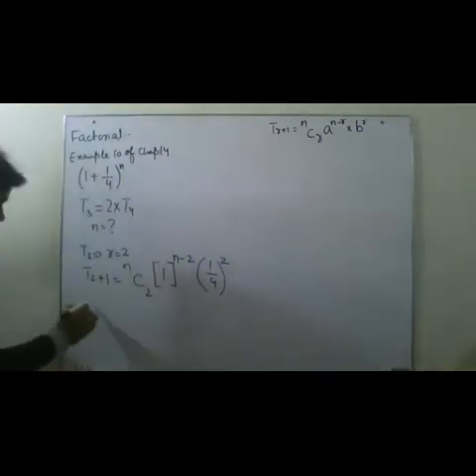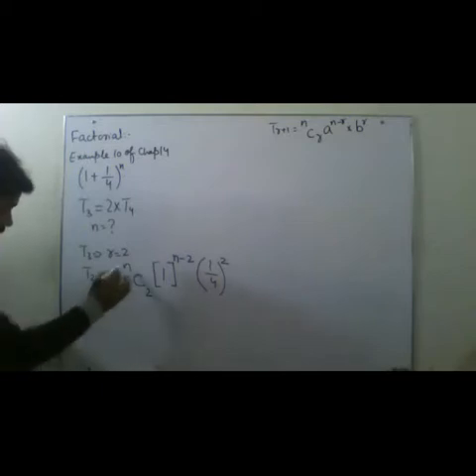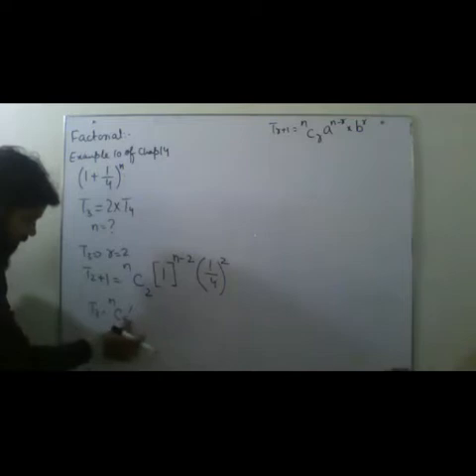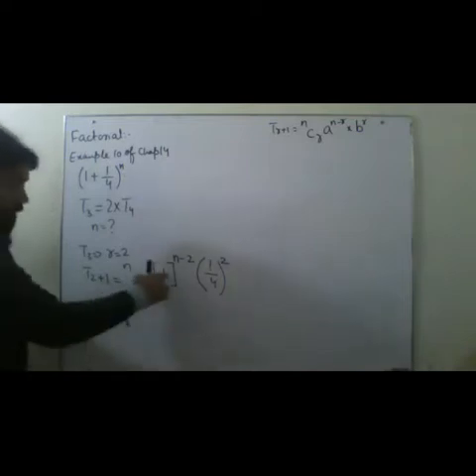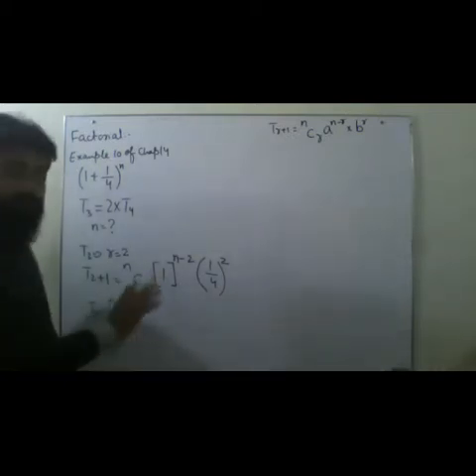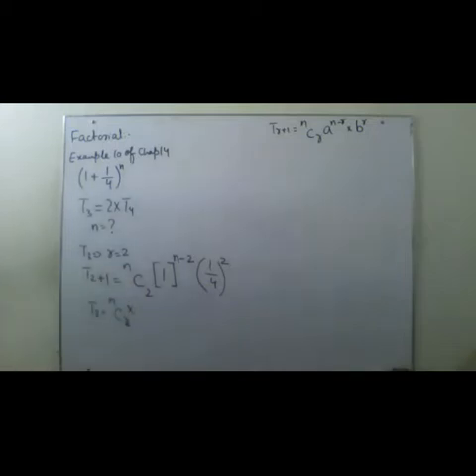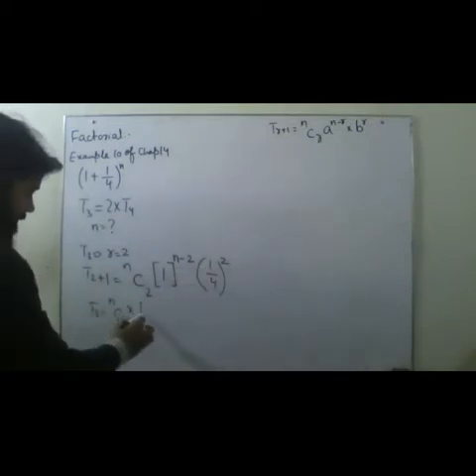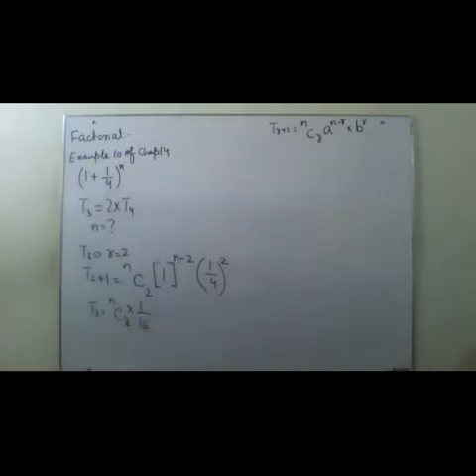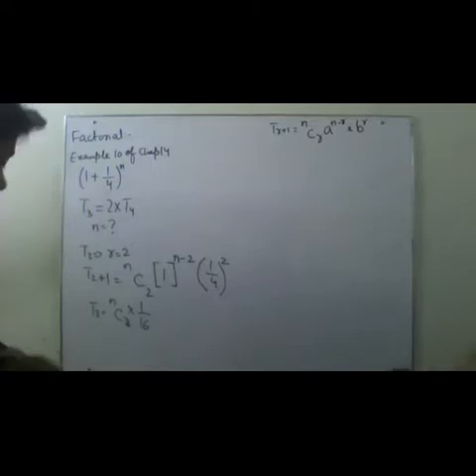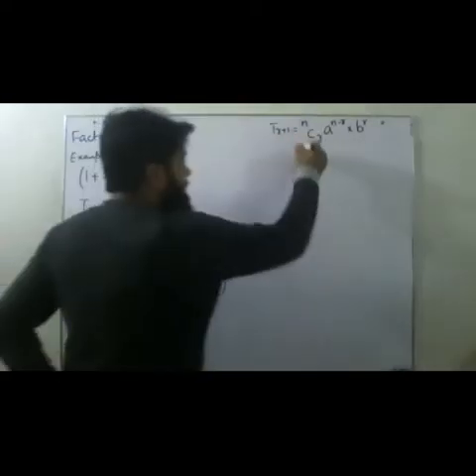Right? So simplifying it, T3 equals to n value is missing, nC2 into 1 with any power, 1 with power 0, 1 with power 1, 1 with power 2, 1 with power 1000, that will always equal 1. So I'm not including it in the product form. And then this one will be 1 over 16. So I have got nCr.